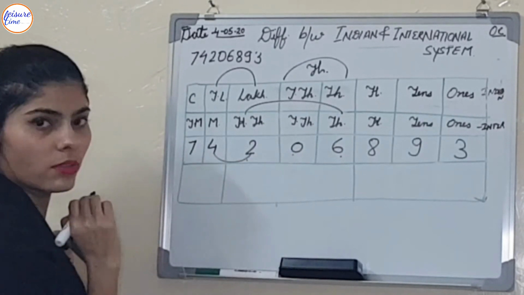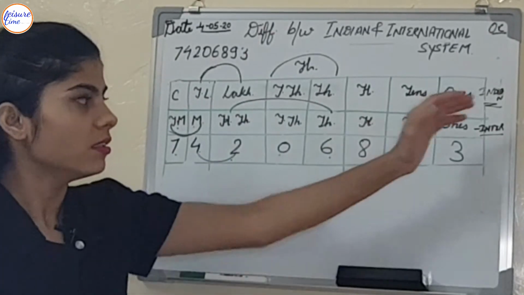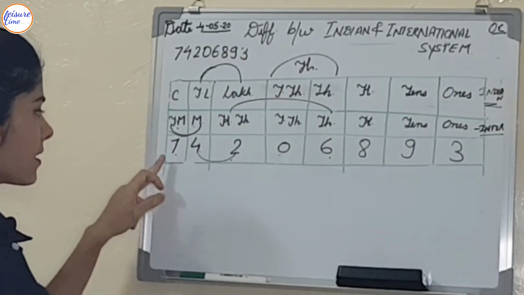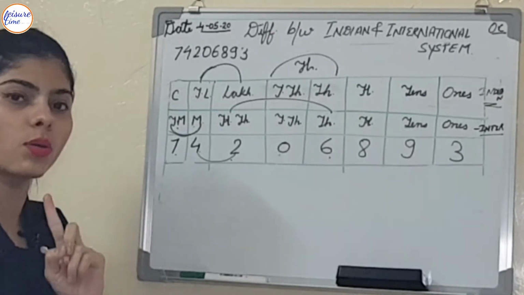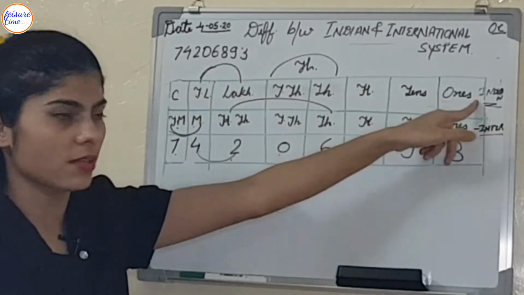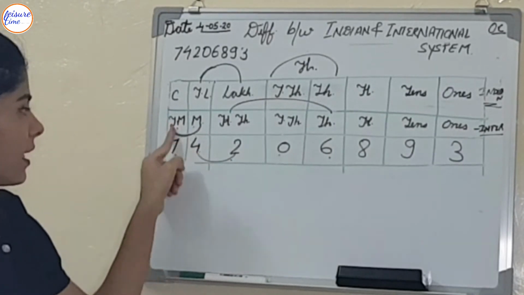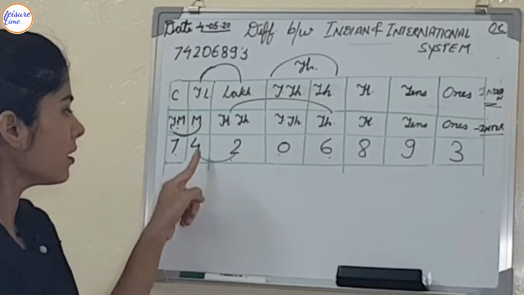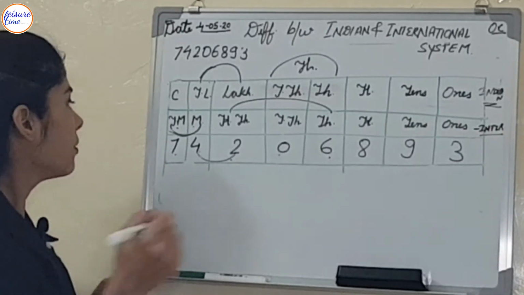But for the Indian system there is also crore. How many digits in the crore group? Only 1 digit. Now for the international system, there are million and 10 million. So in the million group, how many digits? 1, 2. So 2 digits are in the million group.